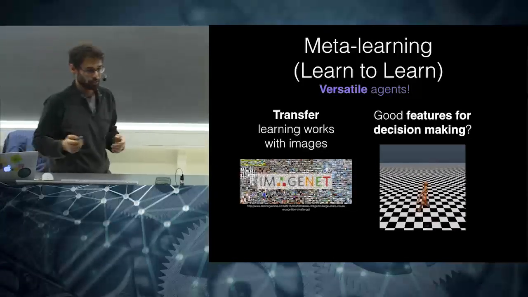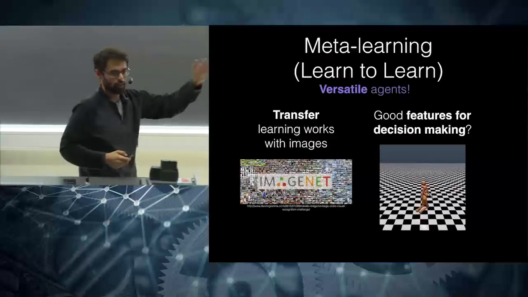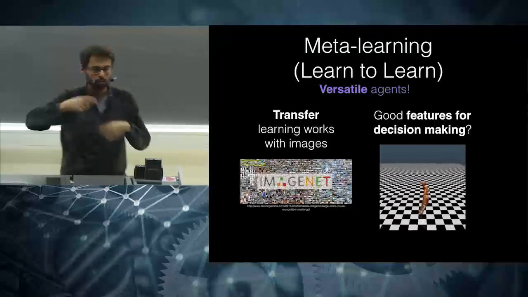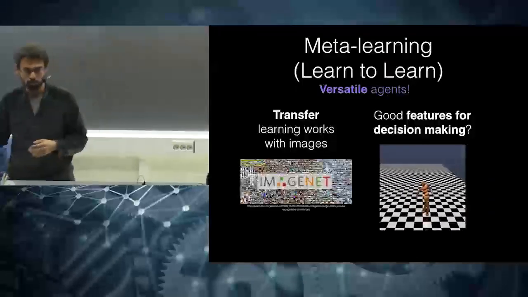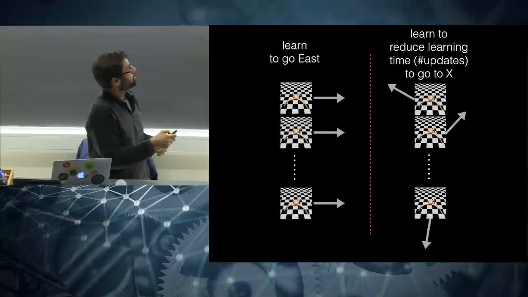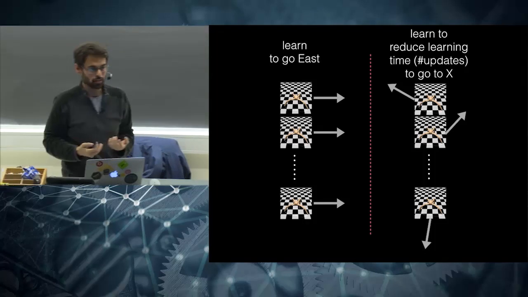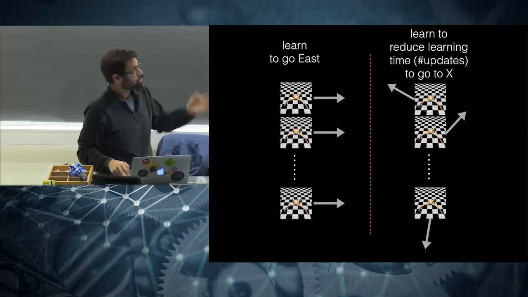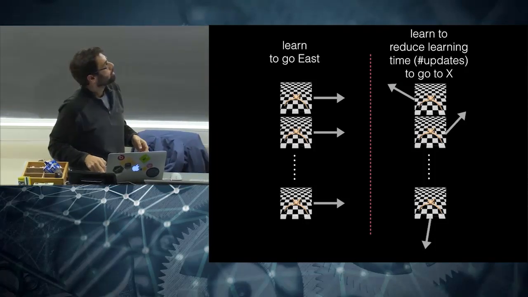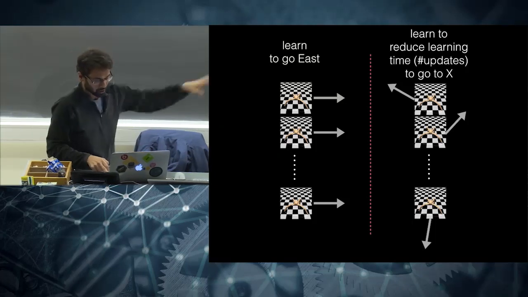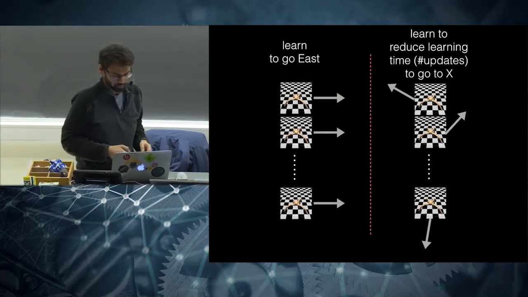Not decision making per se, but say classifying something else. You just have to fine tune the network on a new task. So are there such good features for decision making? This is what meta-learning, or the learning to learn idea, is looking at.